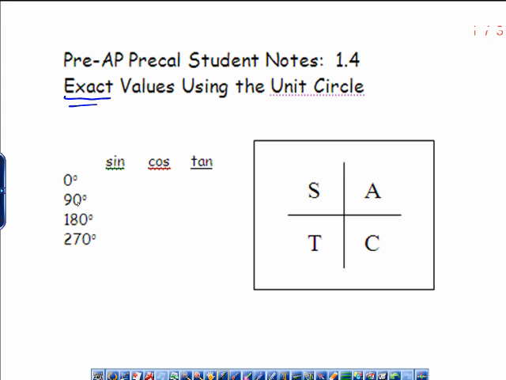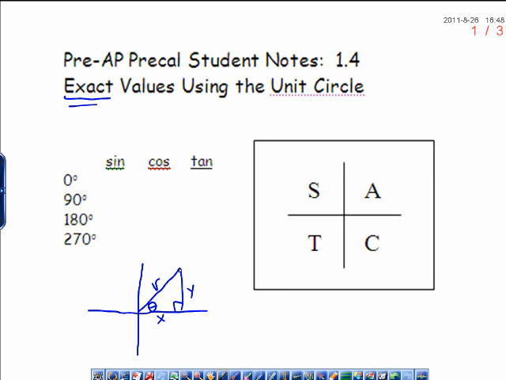Here we have 0 degrees, 90 degrees, 180 degrees, and 270 degrees, and we have a column for sine, cosine, and tangent. What I want to do is briefly show you a triangle, and we're going to imagine if this triangle were collapsed. What I mean by collapsed is we have an x, we have a y, we have an r.